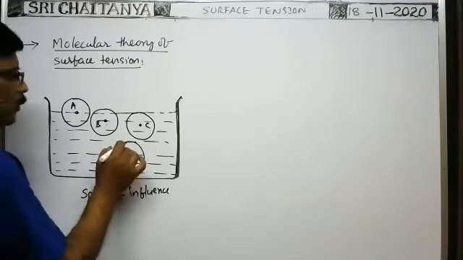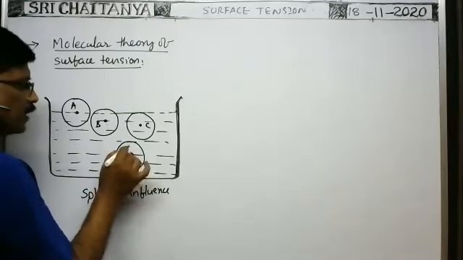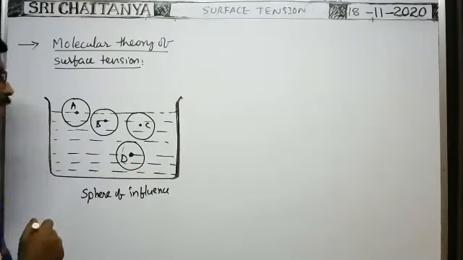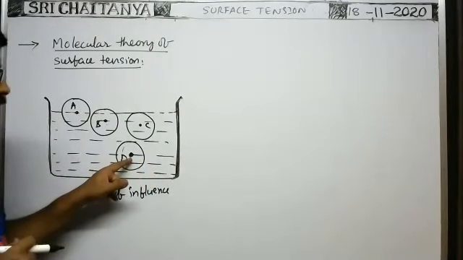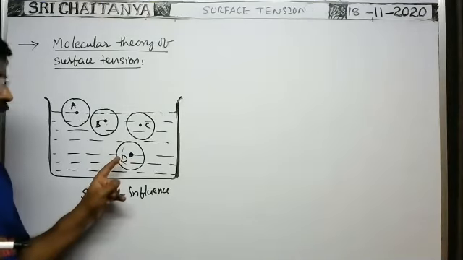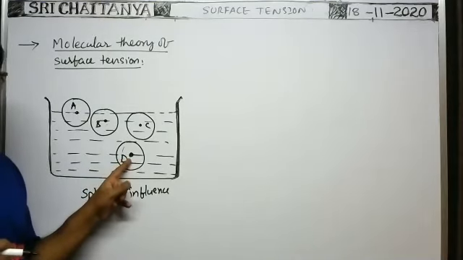Now, in this sphere of influence D, what is the net force that acts on this molecule? Tell me, anybody? What is the net cohesive force that acts on this molecule? The net cohesive force acts on the molecule due to all the molecules inside the sphere of influence.